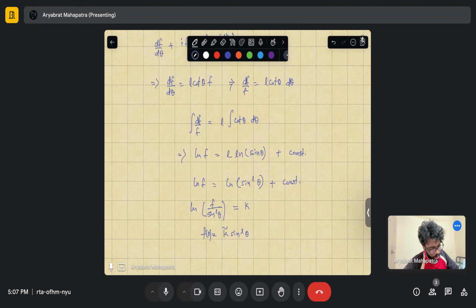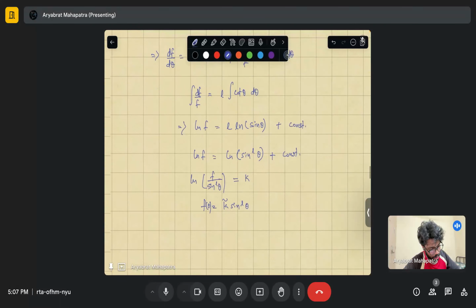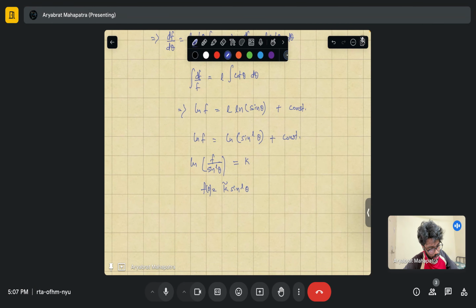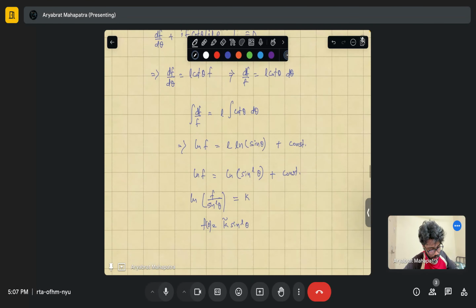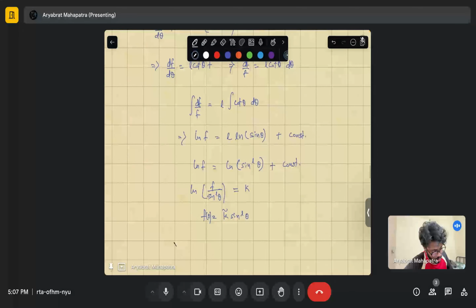So this is your f of theta, and then finally you can write your complete form of Y_L^L. So that is Y_L^L(theta, phi) is A e to the power i L phi.